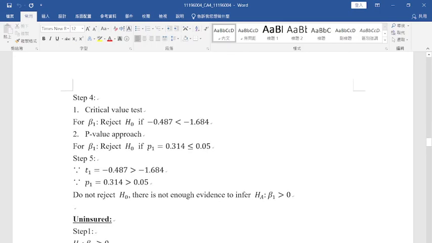So I should compare it with the positive one. Yes. So it is smaller than, right? If you compare with the negative, then this one should be greater than this. You see the point?